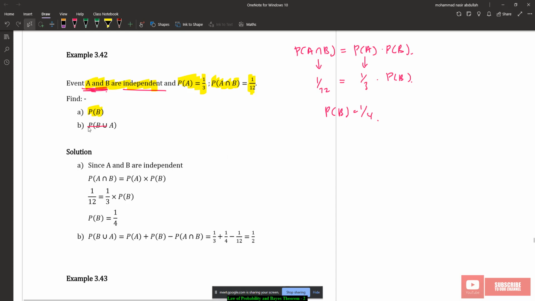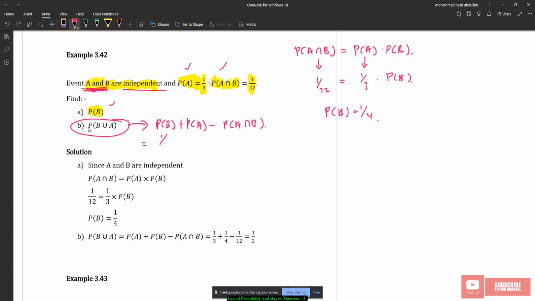And then if you want to find probability of A union B, right? Since we already have the values of probability of B, probability of A and A intersect B, probability of B union A is equal to probability of B plus probability of A minus probability of A intersect B. So this is straightforward.